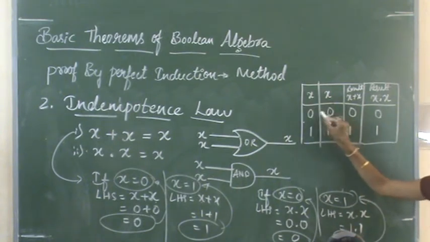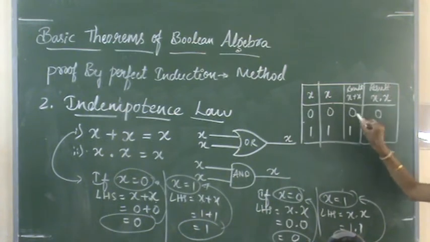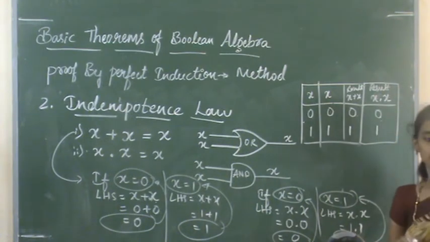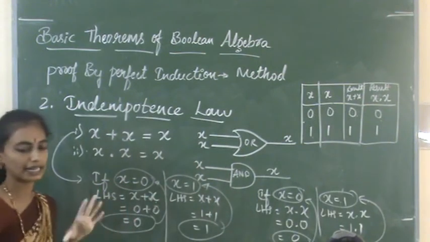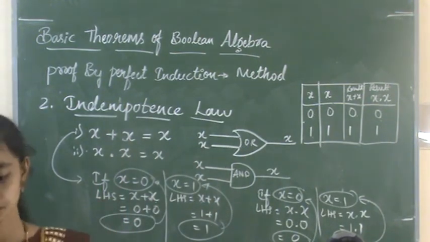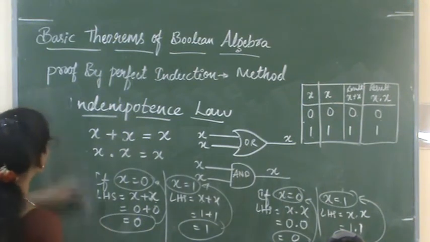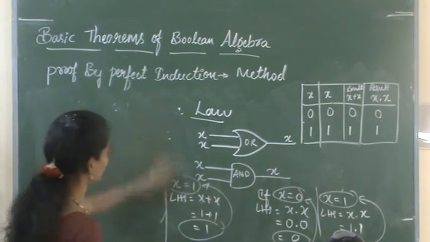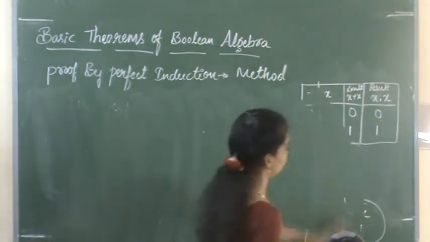So whatever the x value, that will be the result of the theorem. Okay. So this is about the idempotence law. This is the second law. The next law is the double inversion law, or we can call it the involution law.